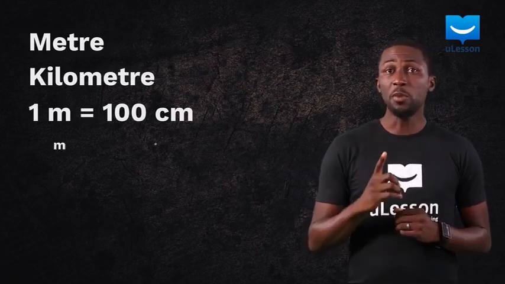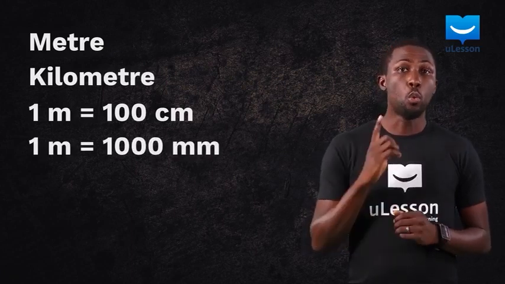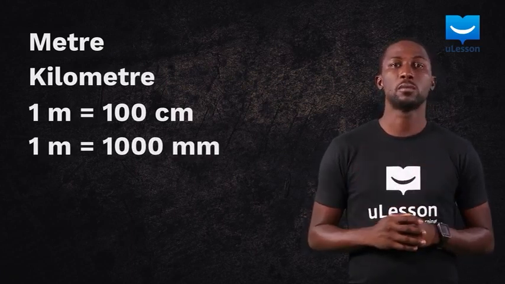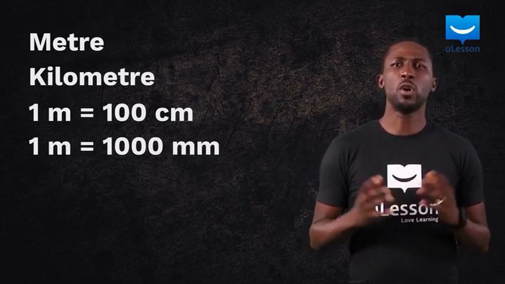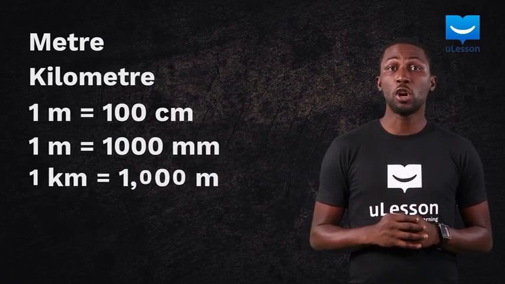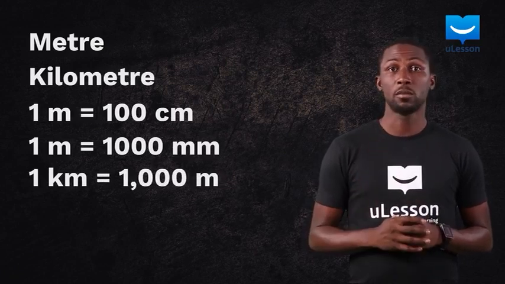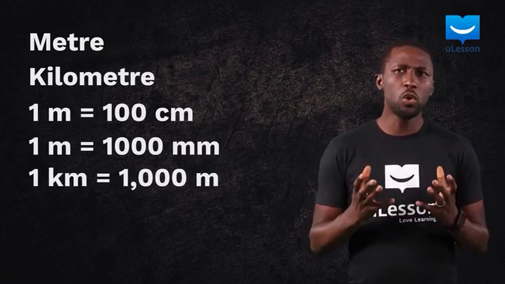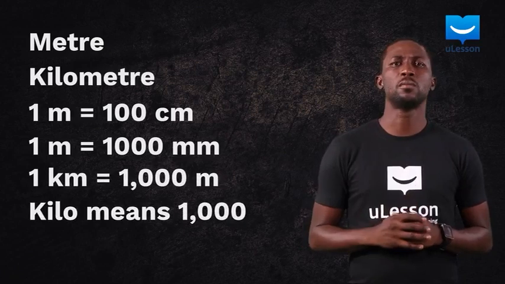Also, 1 meter is equal to 1,000 millimeters. Now, what about a kilometer? 1 kilometer is equal to 1,000 meters. Note here that the word kilo means 1,000.